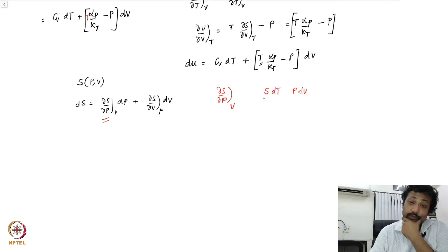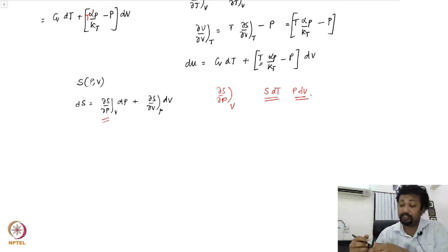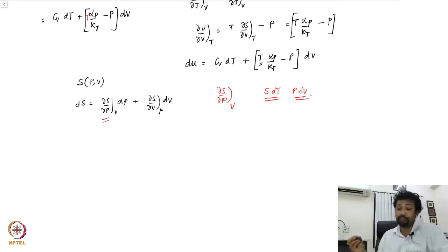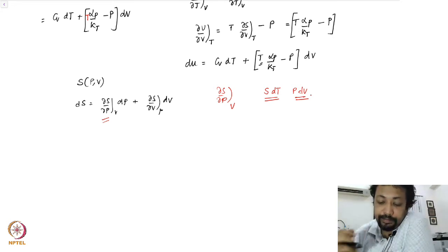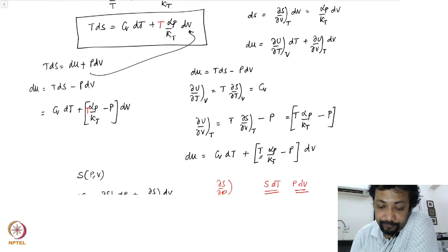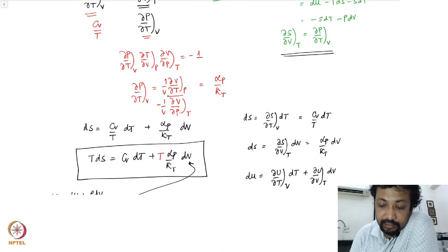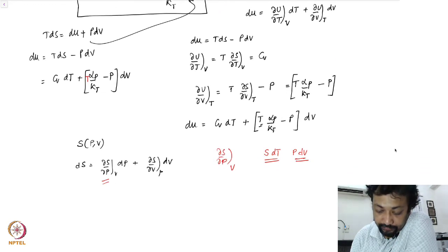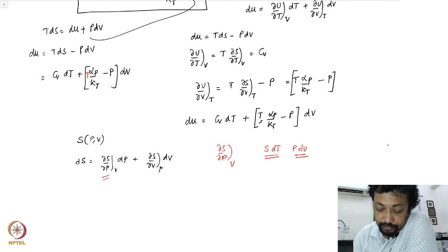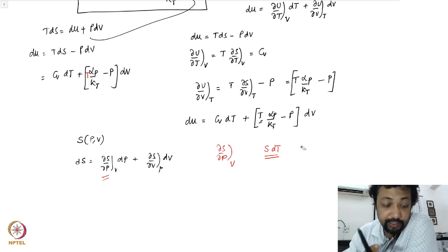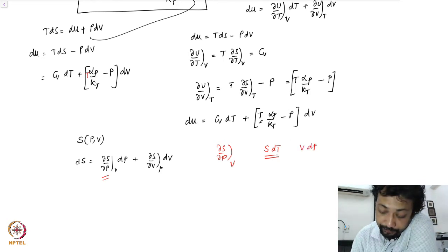See, S always conjugates with T, therefore you should always have S dT and P dV, and dimension of energy, remember that, because your first law is the crucial thing here. S dT, P dV, of course, the thing that comes to your mind is your free energy. Here you cannot have, I'm sorry, this cannot be P dV, then the derivative is with respect to volume, this has to be V dP.